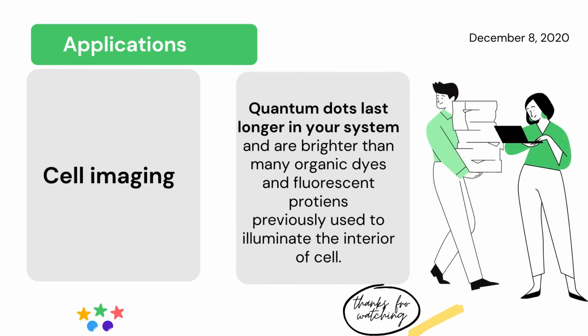Now moving forward to cell imaging. Quantum dots last longer in your system and are brighter than many organic dyes and fluorescent proteins previously used to illuminate the interior of the cell.